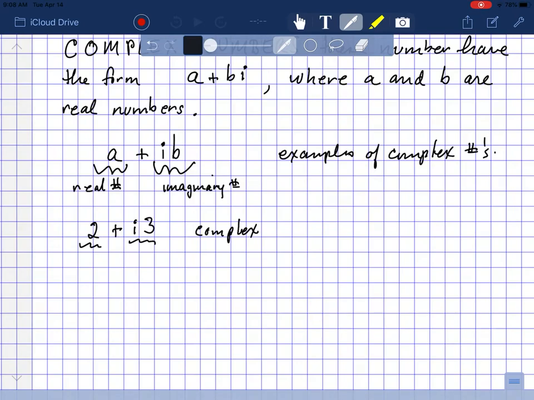I could look at 0 plus i times 2. This is actually equal to i times 2, which is the imaginary number. So imaginary numbers are complex numbers.